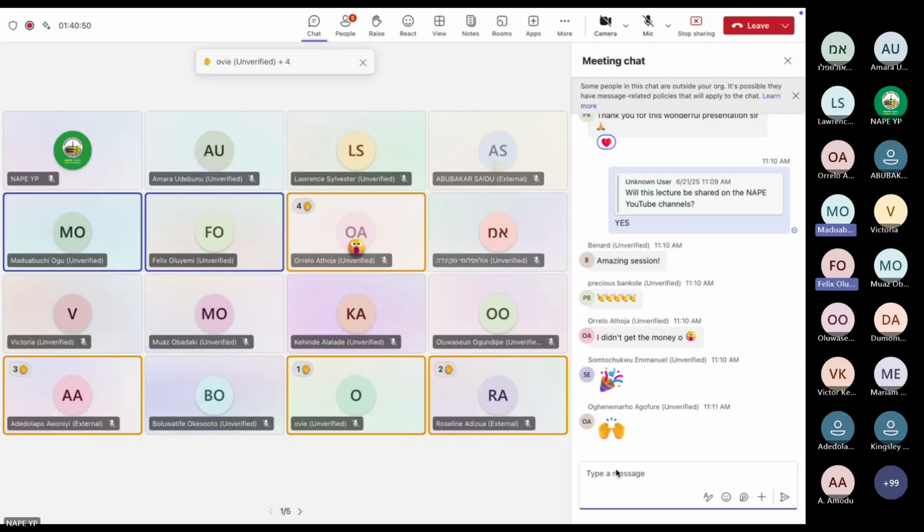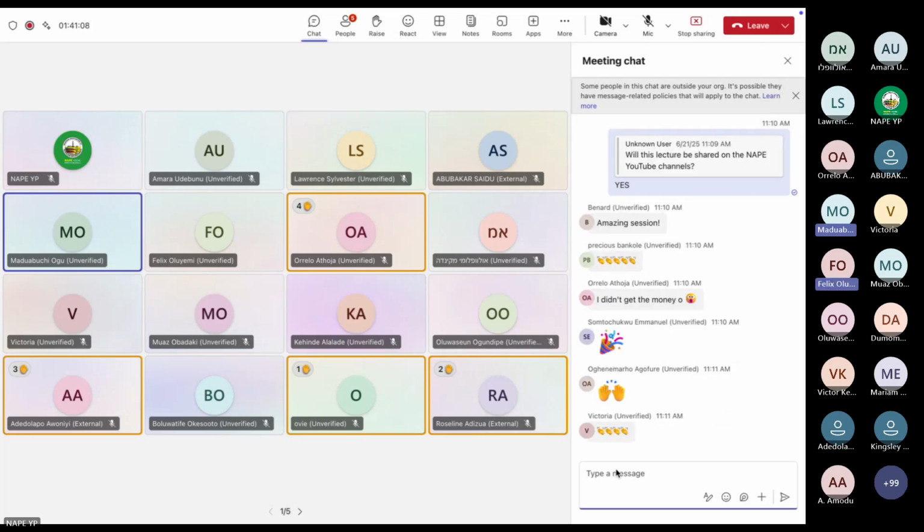I'm sure people are preparing the pen and paper for the quiz. They don't know yet. I believe they are all looking forward to getting some knowledge. Apart from getting knowledge, they are also willing to show that Nigerians, NAPE in general, are brilliant mindsets.